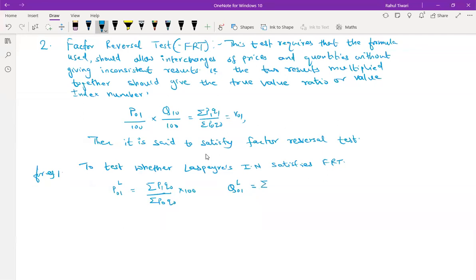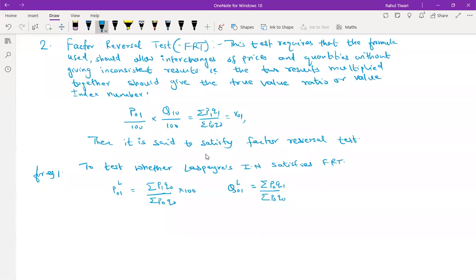It would be summation Q1 divided by P0 Q0.